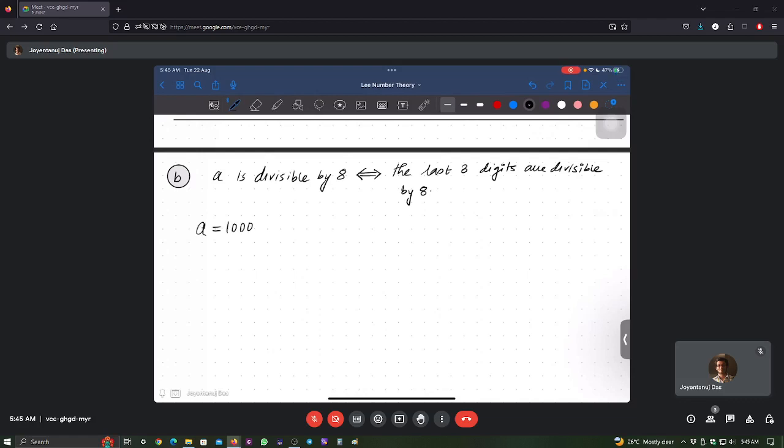So 1,000B plus some C, and C is the 3-digit number. So C is the last three digits.